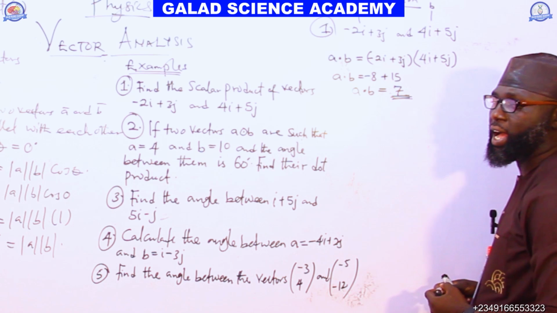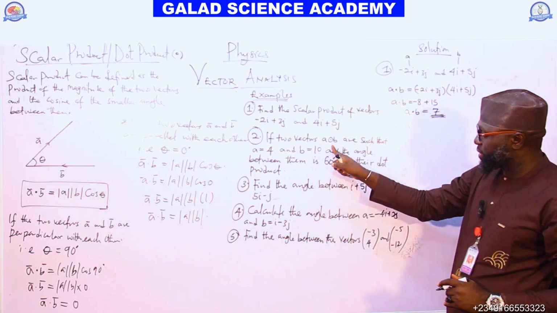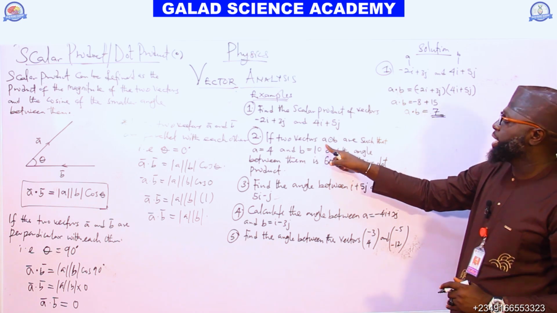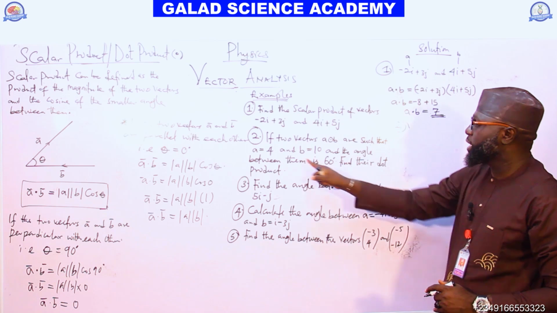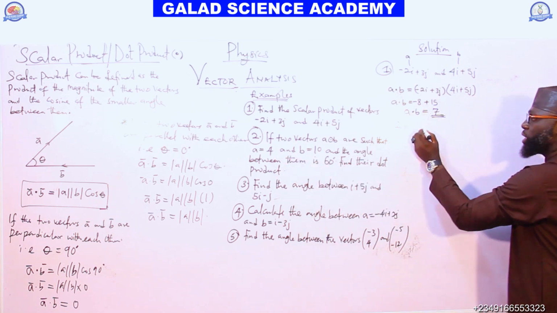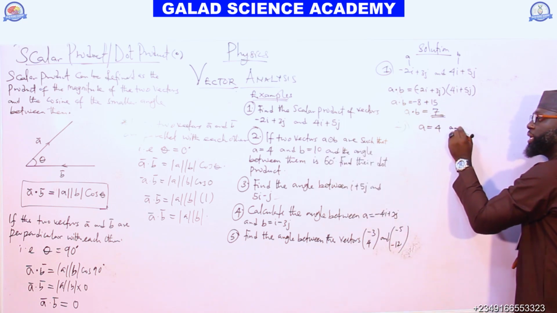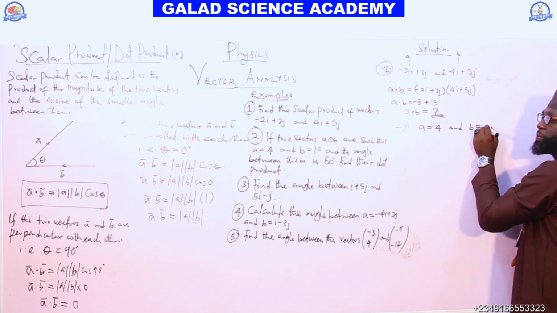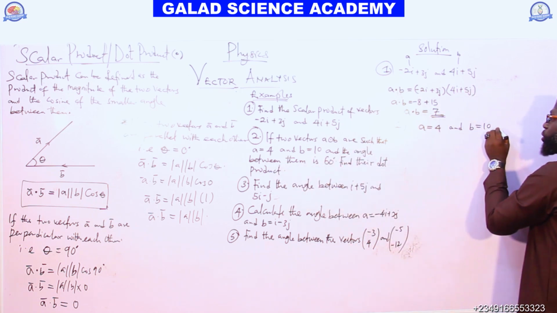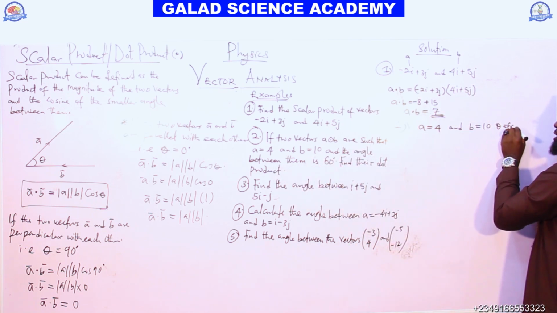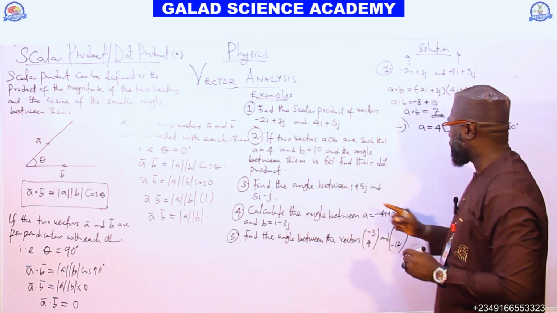We are given that two vectors A and B are such that the magnitude of vector A is 4, and the magnitude of vector B is 10, and the angle between them, theta, is 60 degrees. You are now asked to find the dot product.